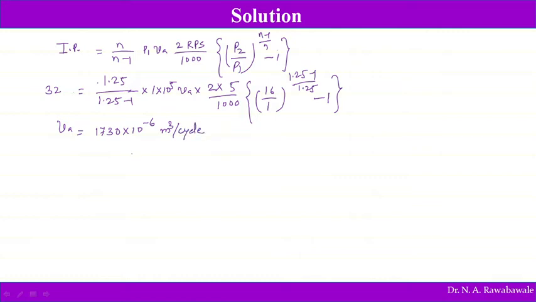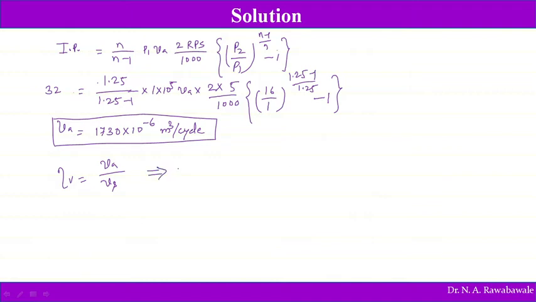So this is VA. So now VA is known, the actual volume taken by this compressor. So we know volumetric efficiency is equal to actual volume divided by swept volume, so this swept volume can be written like this: swept volume Vs is equal to VA divided by volumetric efficiency.